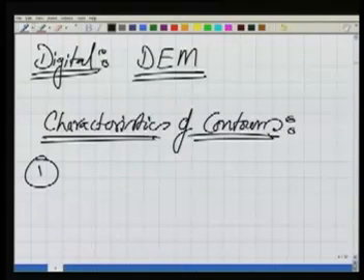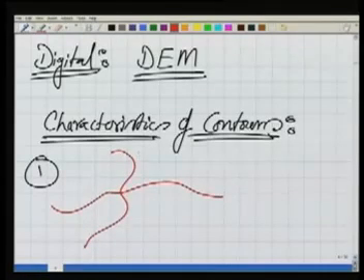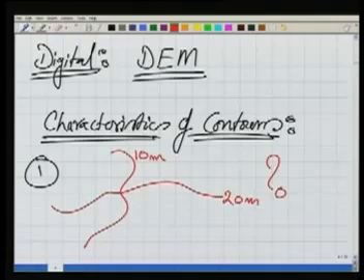Number one and very important one is two contours of different elevations. Let us say this is the contour of 10 meter and this is the contour of 20 meter. Can they intersect? That's the question. Well, is this point of intersection possible?